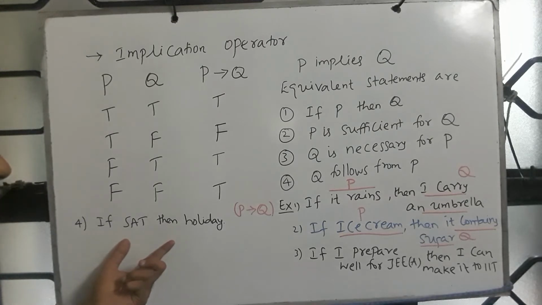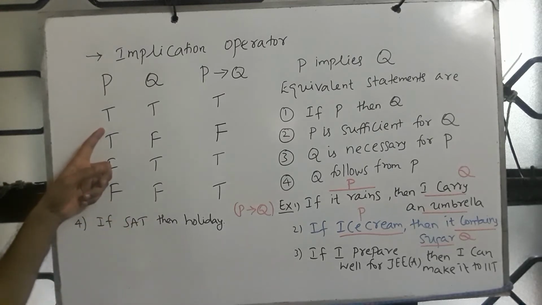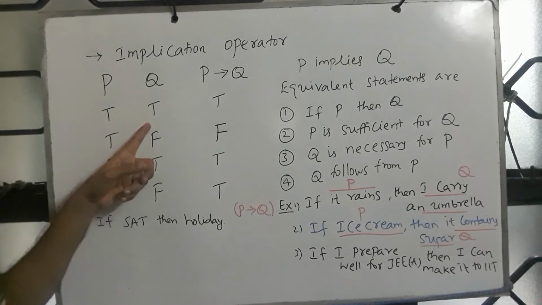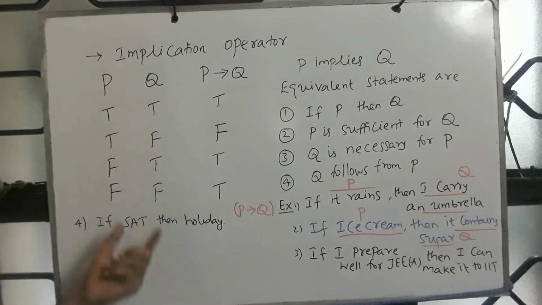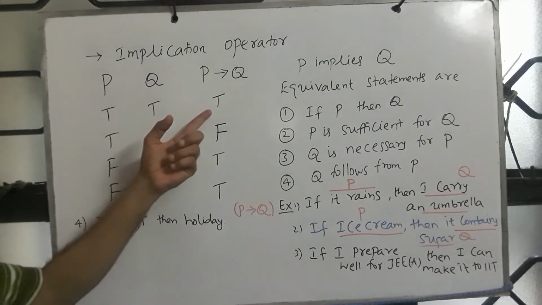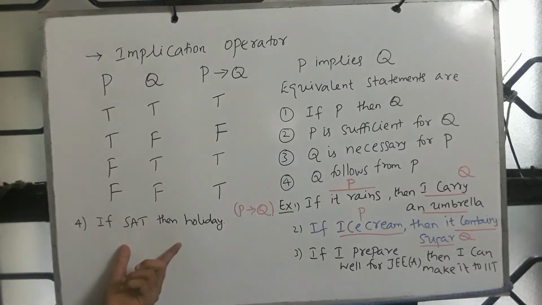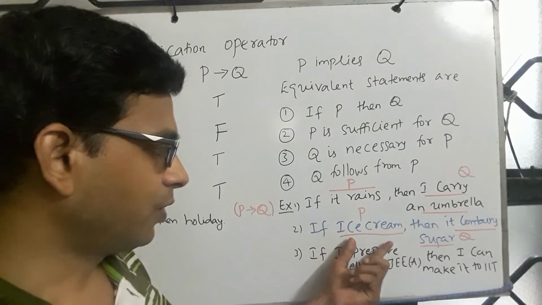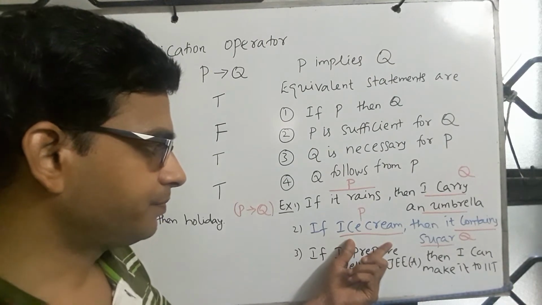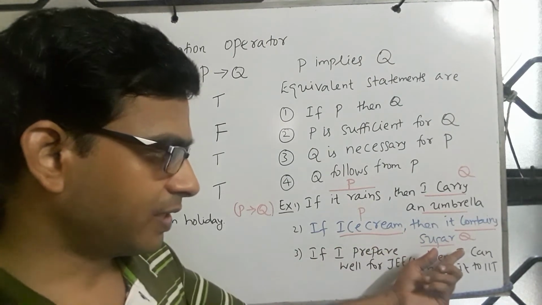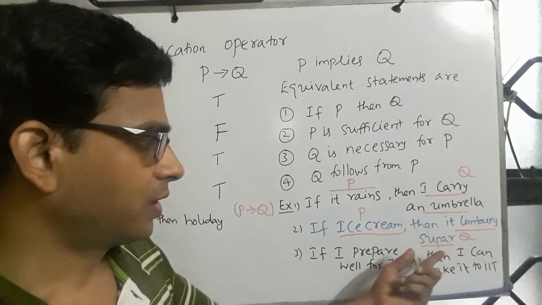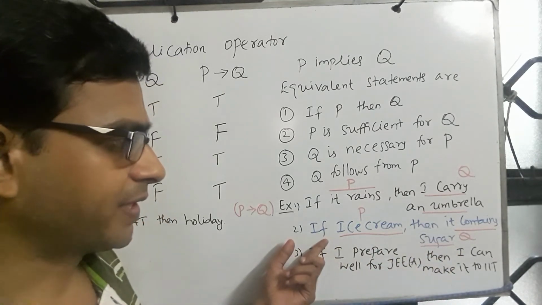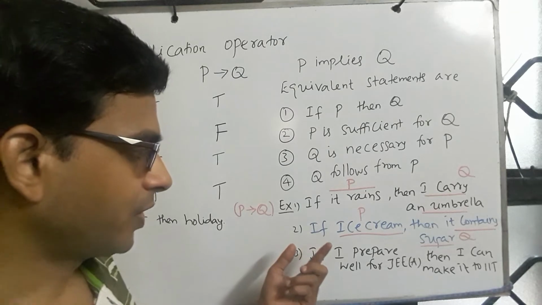The statement is true, so Saturday is true, and the academics section has declared a holiday, which means the circular is respected. So the logical value associated with this statement is true. And look at any ice cream, and it contains sugar. So this statement is respected. Okay.